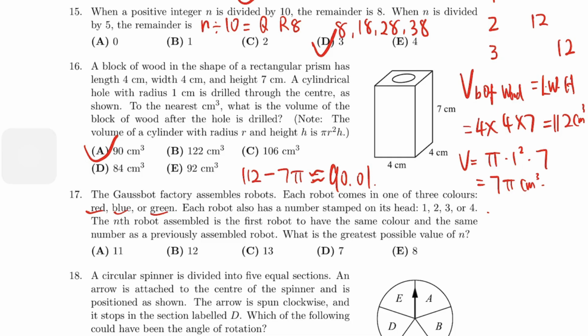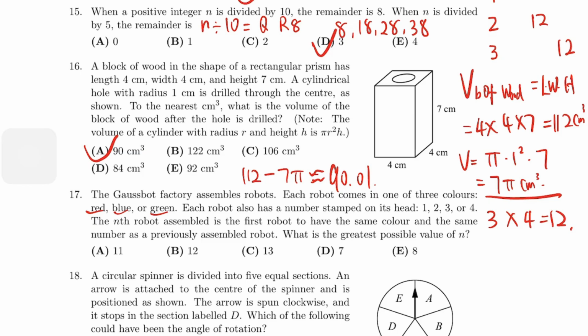Okay. So we have 3 different colors and 4 different numbers, right? So how many different types in this case? 3 times 4, which is 12. 12 different kinds of robots with different colors and different numbers, right?